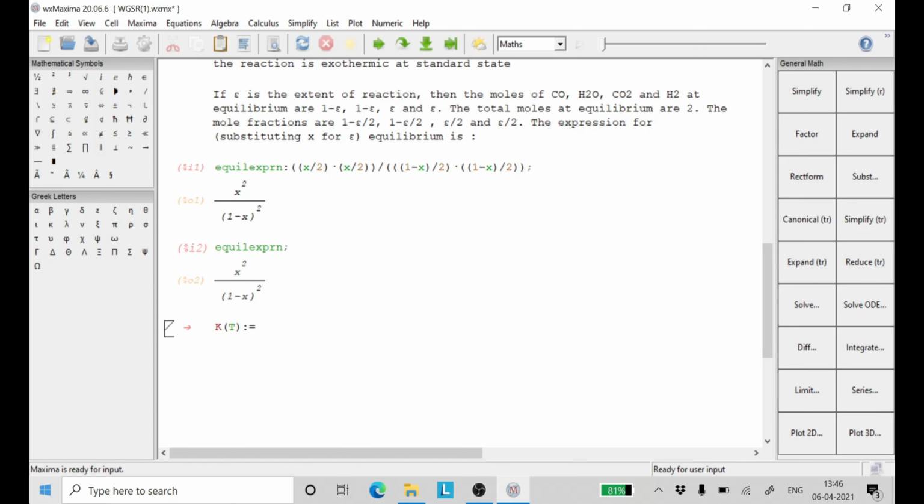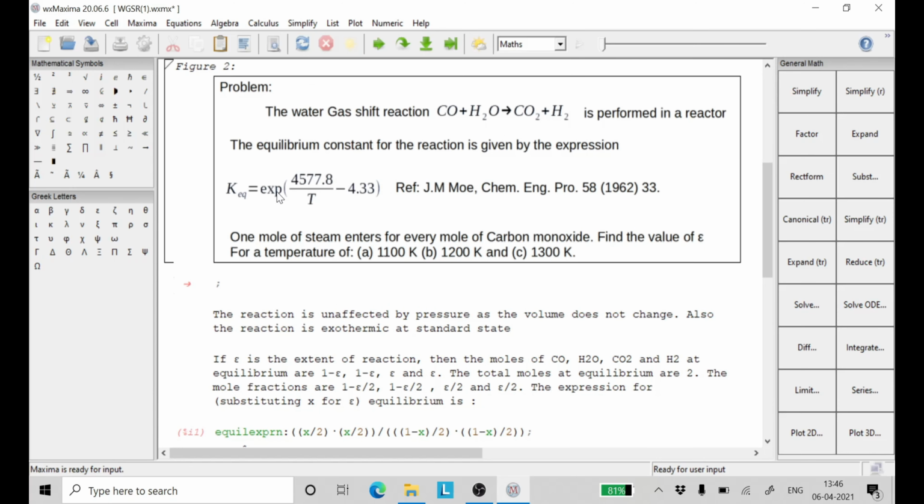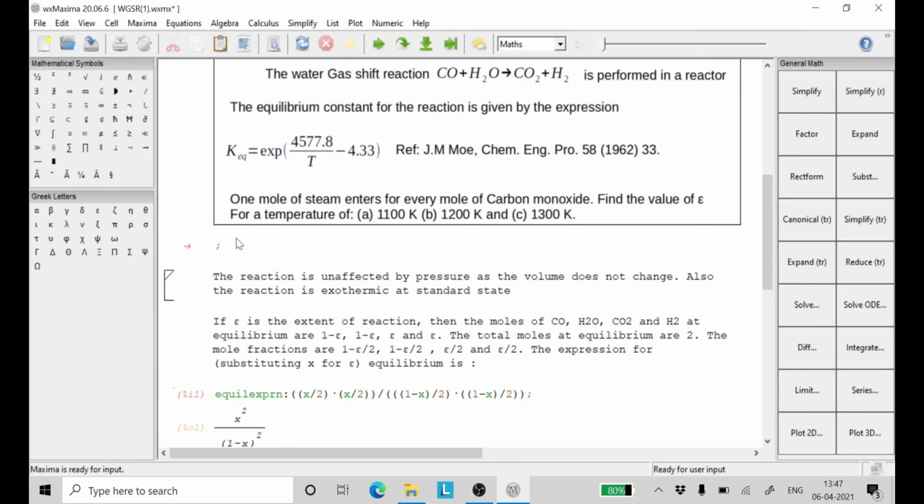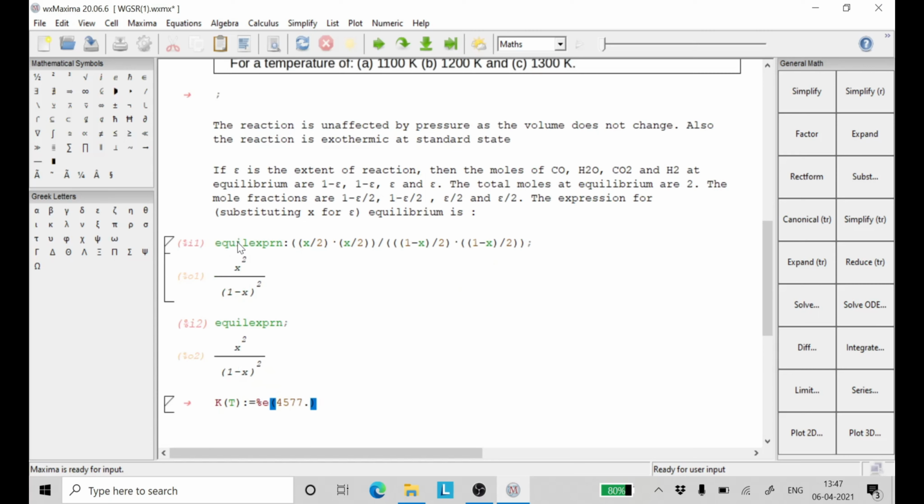The expression here is exponential, so we write percentage e for the exponential. This is going to be 4577.8 divided by the temperature.